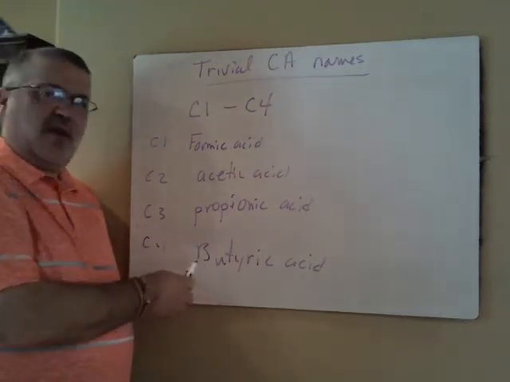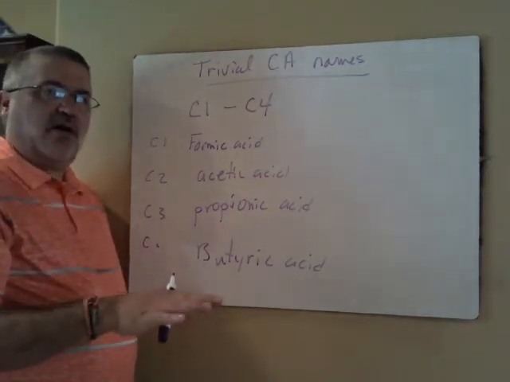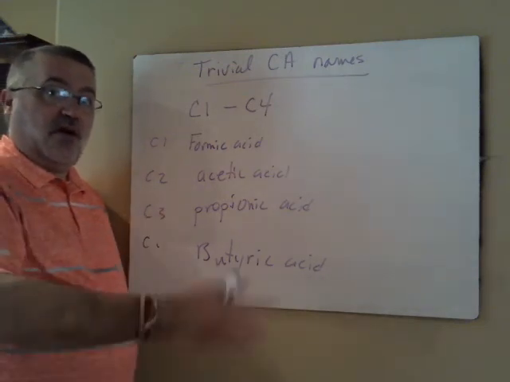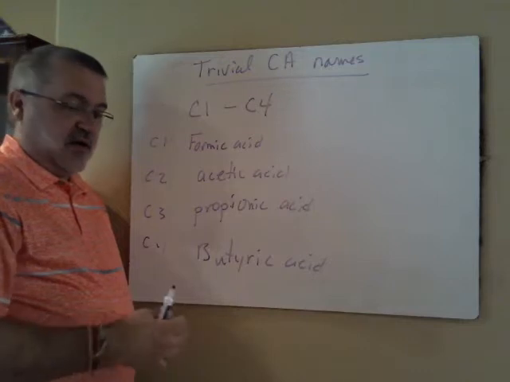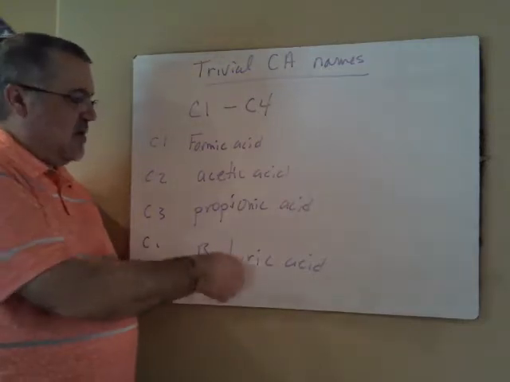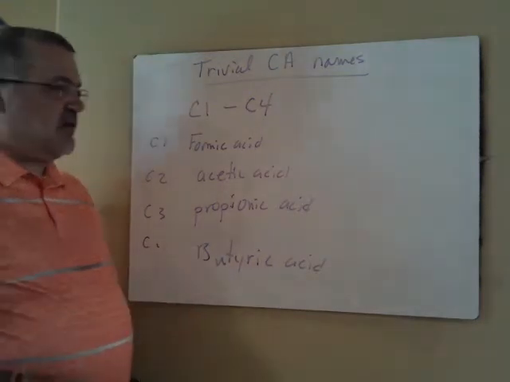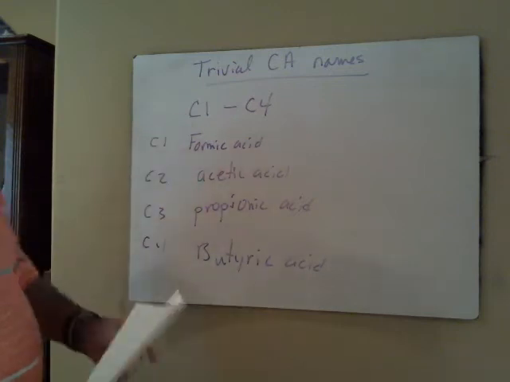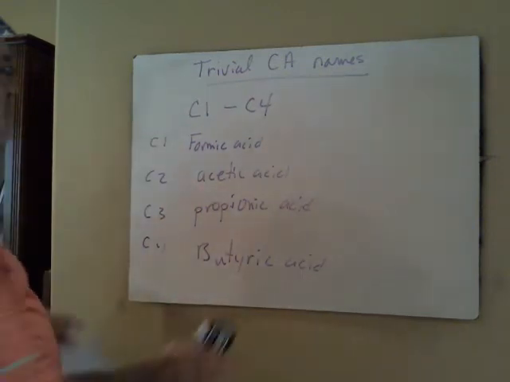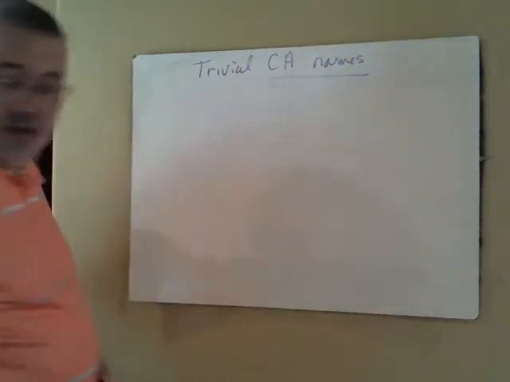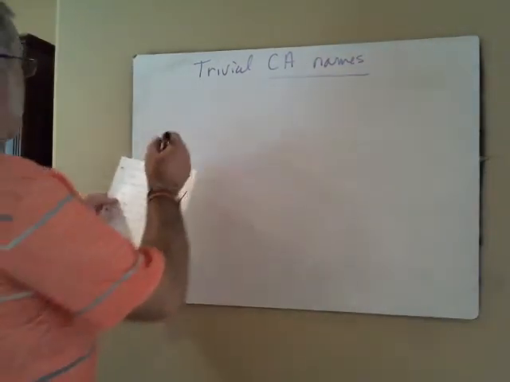Or, you know when you're walking across campus when the female ginkgo is dropping her fruit on the sidewalk by Munger, and people are stepping on that fruit and it has that really pungent odor. That's what butyric acid smells like. Okay, so those C1 through C4, you have these trivial names. Okay, but then there are also some trivial names for some more complex acids that I expect you to know.